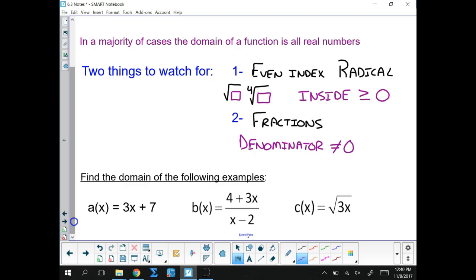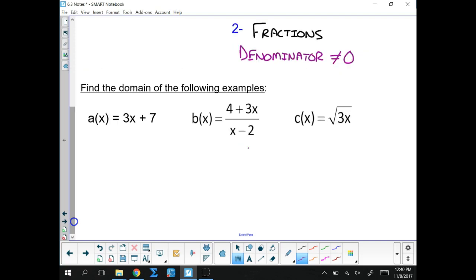So, here are some examples of functions: function A, function B, and function C. We're looking for two things when it comes to domains. We're looking for radicals that are even indexed, and we're looking for fractions.